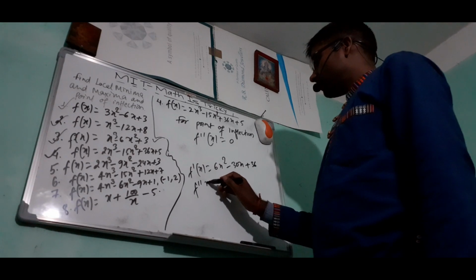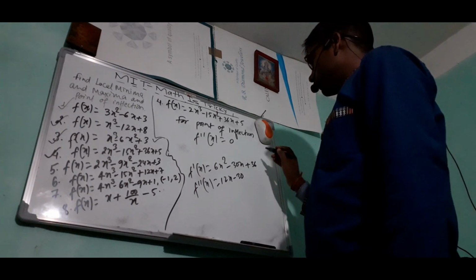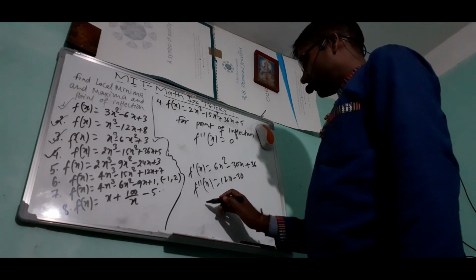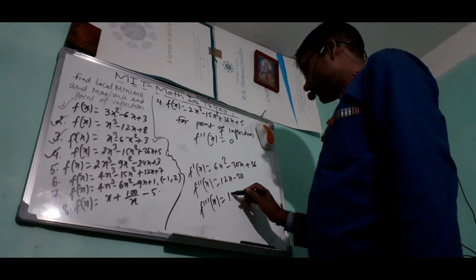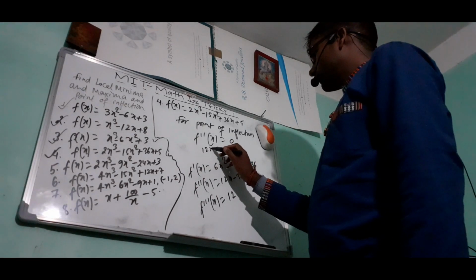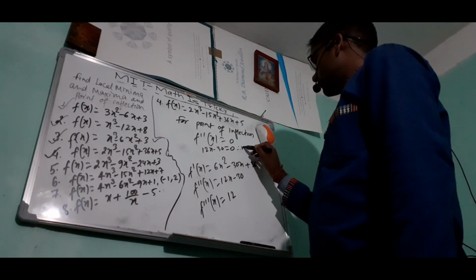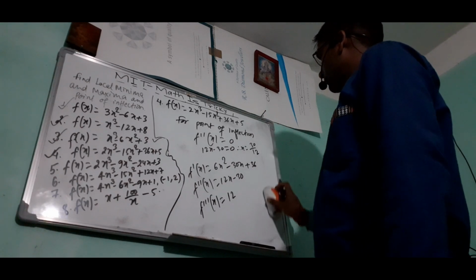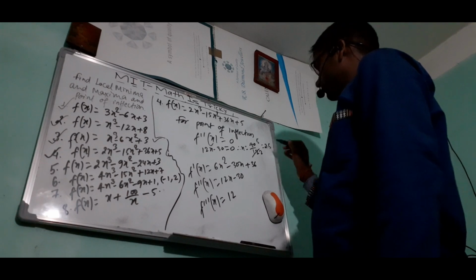F double dash x will be 12x minus 30, and also let's find the triple dash x. It is 12. So 12x minus 30 equals 0 gives x equals 30 by 12, which is 2.5.